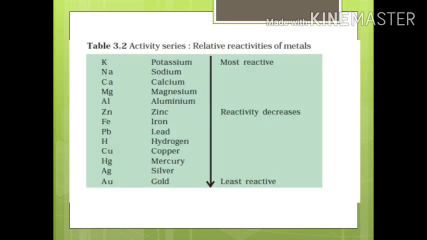Now we were discussing that more reactive elements can displace less reactive elements from their solution. This reaction we call the displacement reaction. So it is important that we know the reactivity series of the metals: which metal is more reactive, which is medium and which is lesser. Only then can we predict whether a displacement reaction will take place or not.